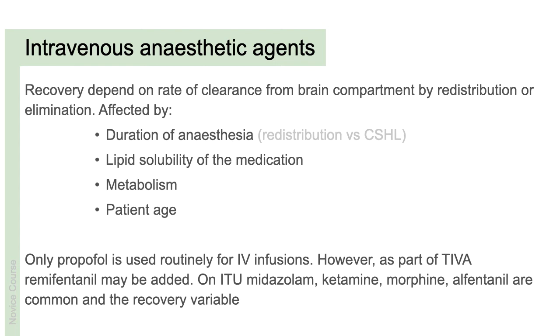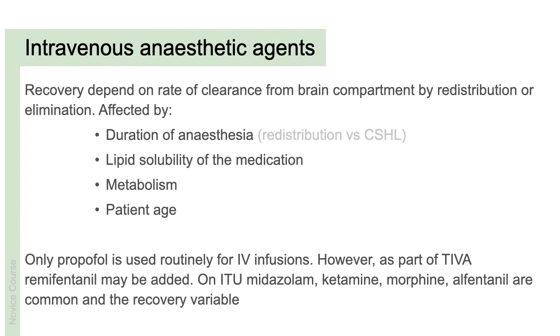With remifentanil, it is metabolized by plasma esterases, so it doesn't depend on particular organ function, so it's cleared very quickly. But if it's a bolus, then both propofol and remifentanil are cleared, redistributed very fast.